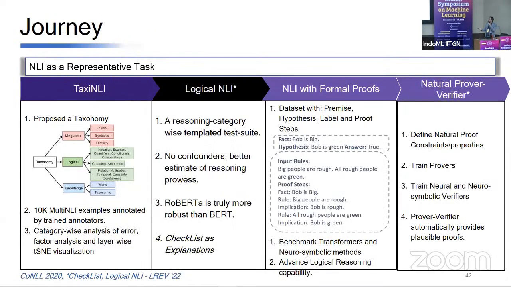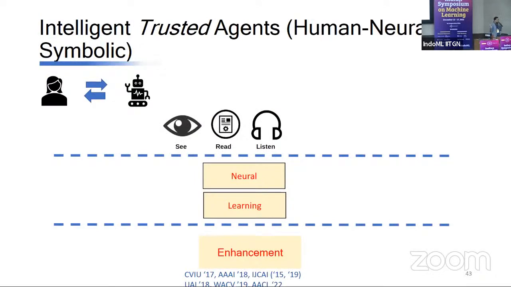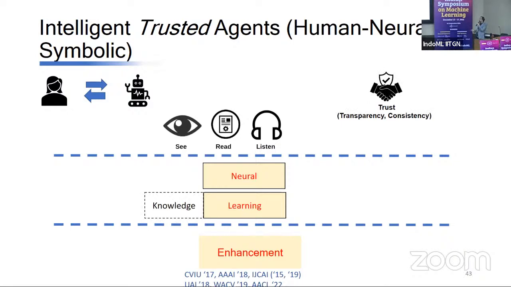So with this, I will end with the last slide. Primarily, going forward, we want to build intelligent trusted agents. The multi-agent systems literature says that trust establishment is a prerequisite to this sort of interaction. The hypothesis is that knowledge and reasoning are fundamental to trust establishment.